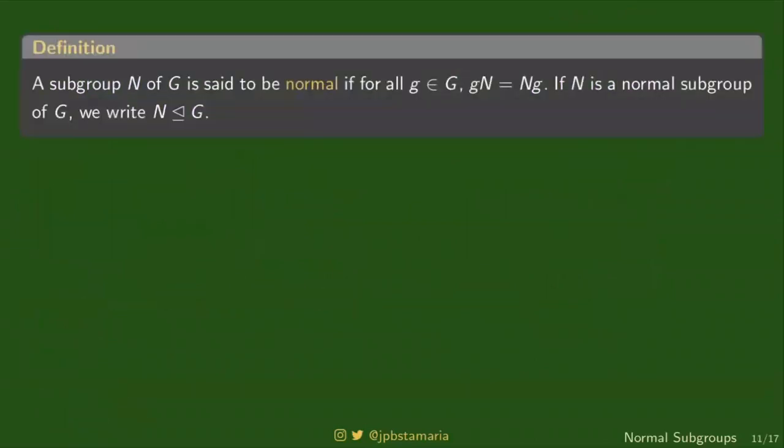In group theory, we say that a subgroup N is normal, no, if the left cosets coincide with the right cosets. In other words, for all little g in capital G, the left coset gN simply equals the right coset Ng, just like in the previous example. And if N is a normal subgroup, we have a special notation for it.